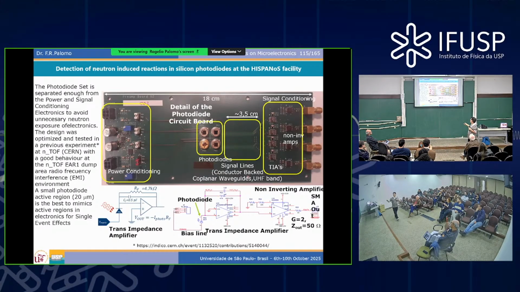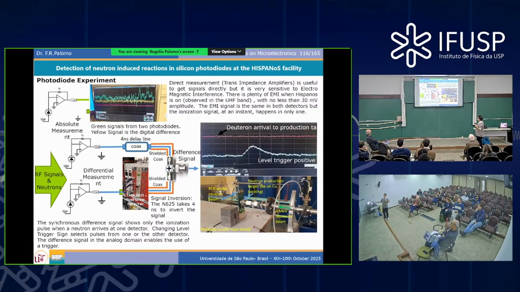But here, the production is at 5 millimeters from the photodiodes. So the whole possible electromagnetic contamination, in particular coming from the target, will be processed by this and conducted to the signal. That's the naive approach, okay?